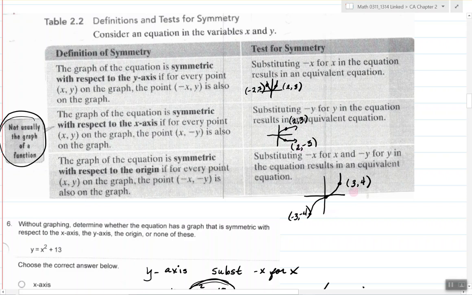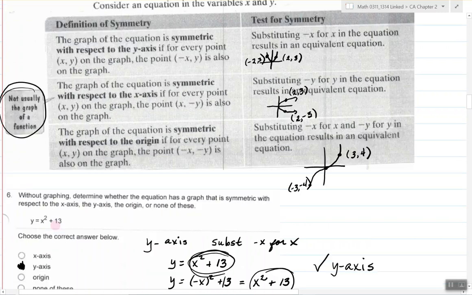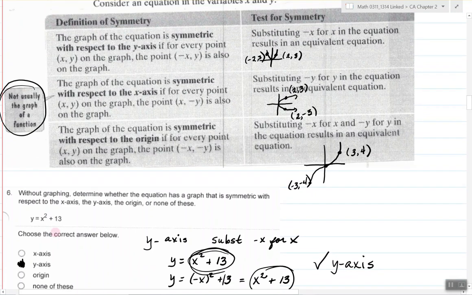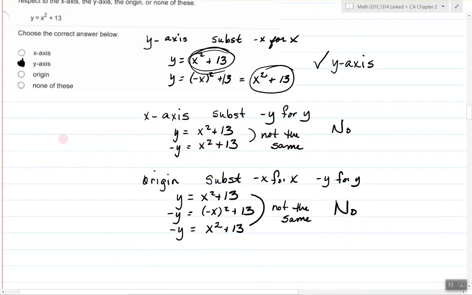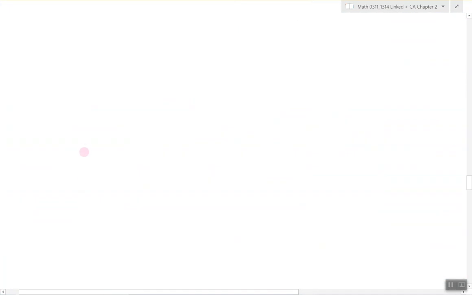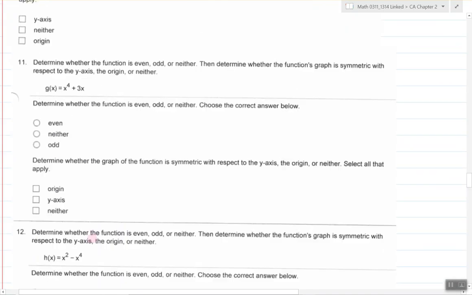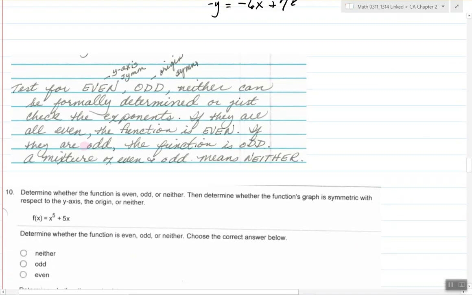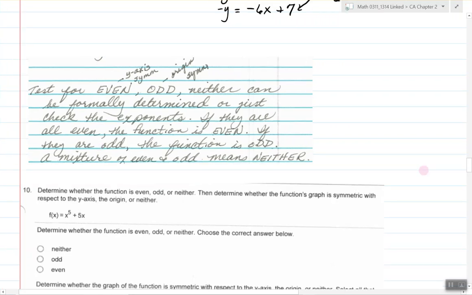Origin symmetry says that if you change both the x and y, you still get a point on the graph. So the testing can be a little bit tedious if you have to do a lot of them, and we had to do about 4 of these.